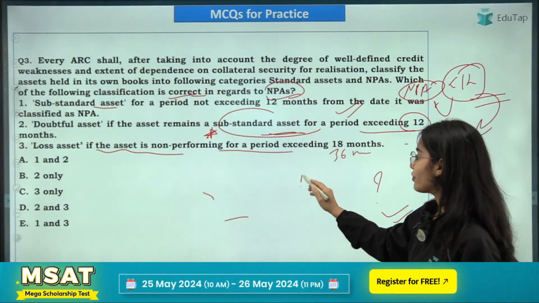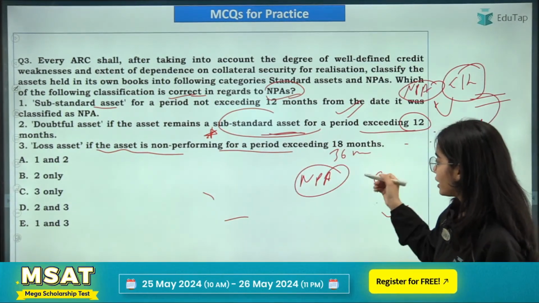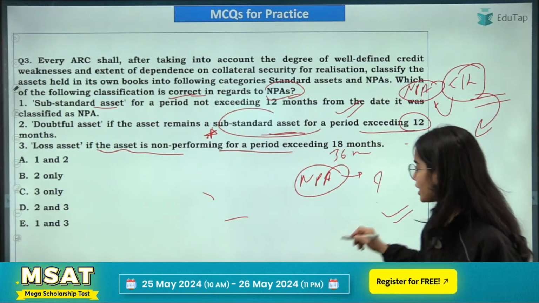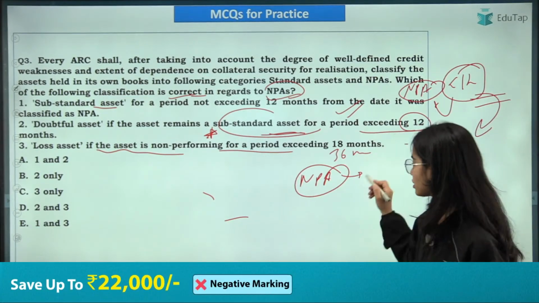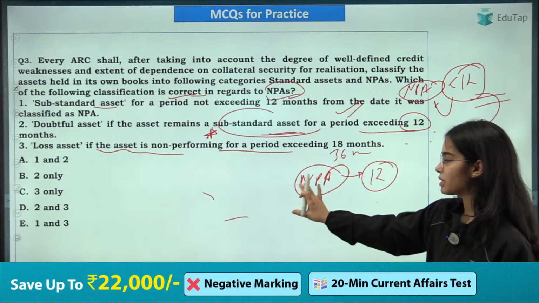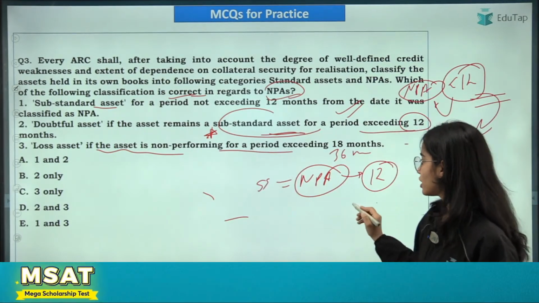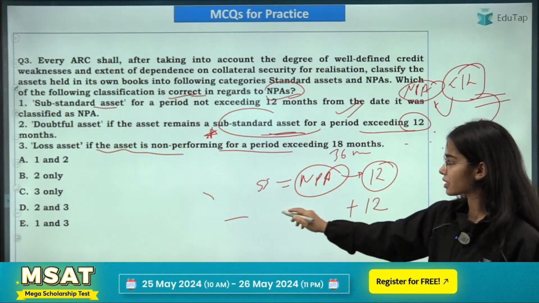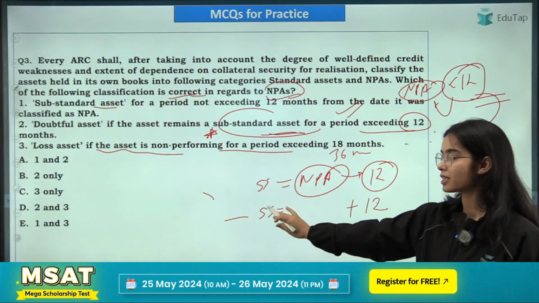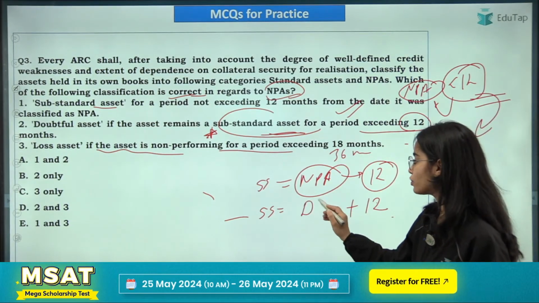So if the NPA remains an NPA for less than 12 months, it is a substandard asset. Then if it remains a substandard asset for 12 months, it will become a doubtful asset.